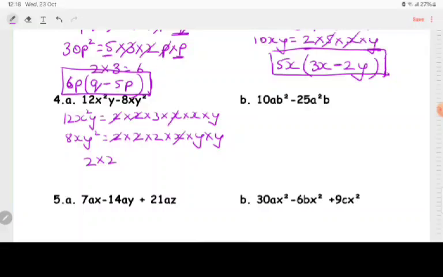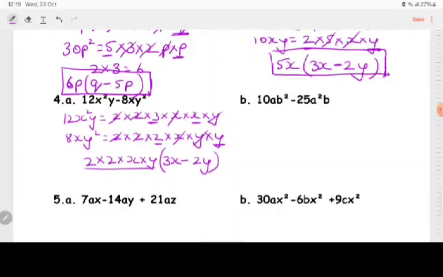We have X in common, only one X in common, and we have Y in common, only one Y in common. And what is uncommon is 3X minus, we have this 2 and Y, that is 2Y.